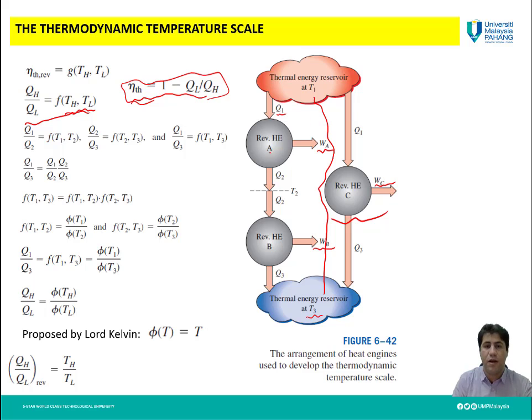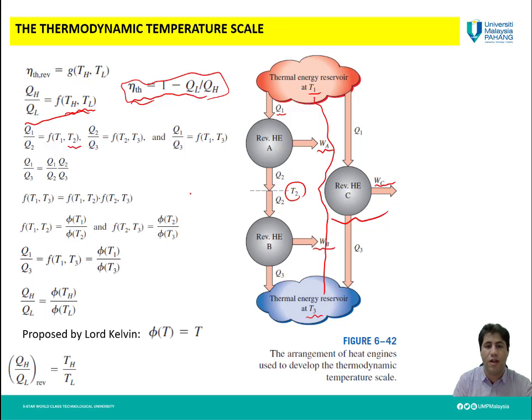So for heat engine number one, QH is Q1, QL is Q2, TH is T1, and TL is T2, as mentioned. And for heat engine B, Q2 to Q3 is a function of the temperatures T2 and T3, as mentioned.